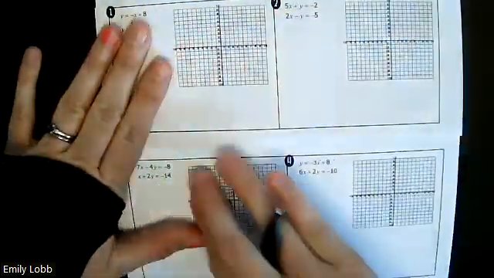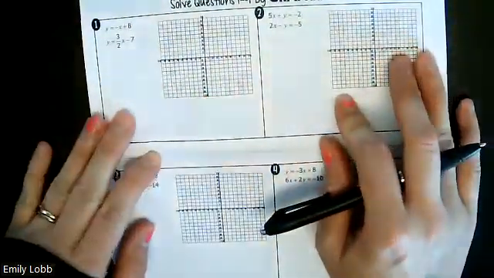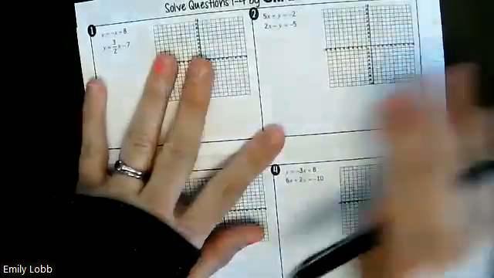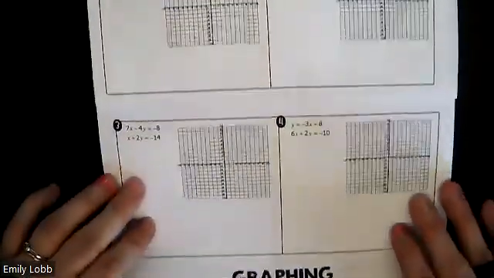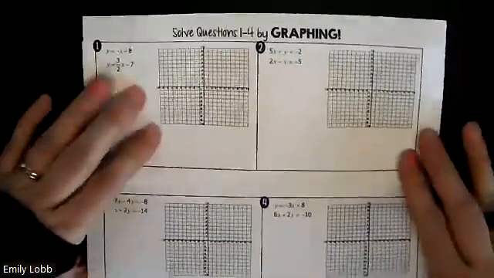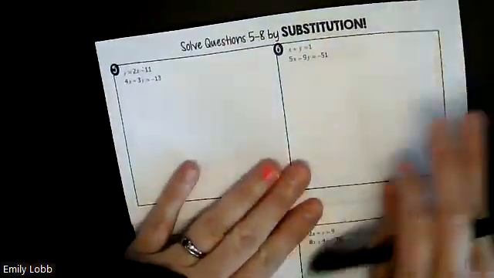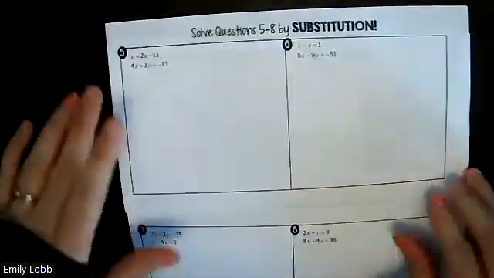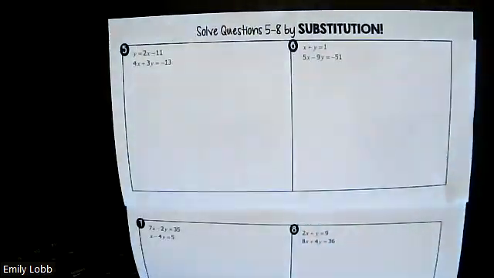If you need to retake the last quiz, this would be something to do and check with me on, along with checking, correcting your quiz and retaking that. So that would be helpful for that. But we are going to jump to substitution. So your paper should look like this now.